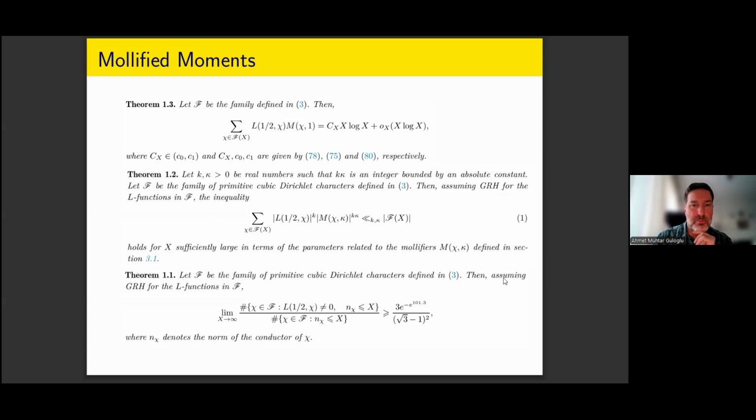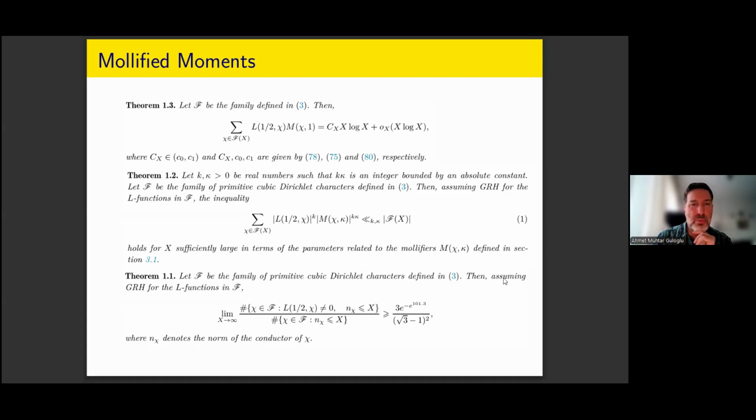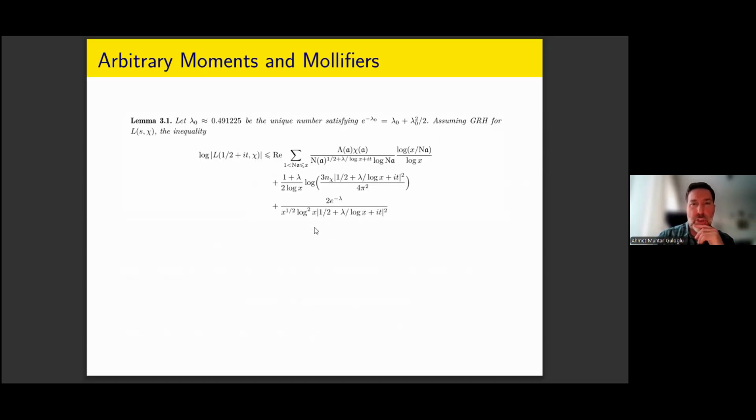And finally, what I want to mention for the general case: for example, if you have the square of an L function, as I said, you can write it as a product of the L function with its conjugate. But if you have, let's say, a general real number, what you can do is apply e to the power log to that function, and then you're dealing with the logarithm of an L function.